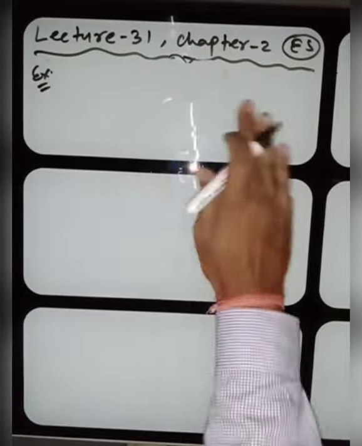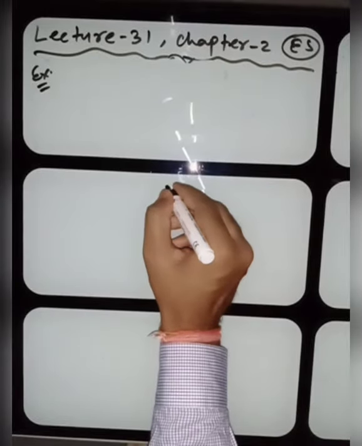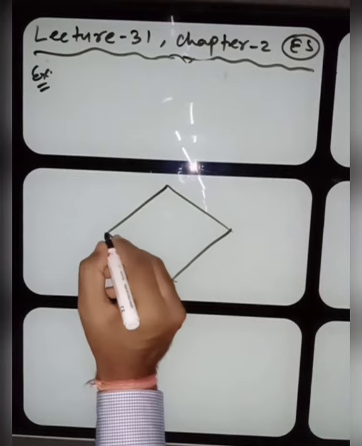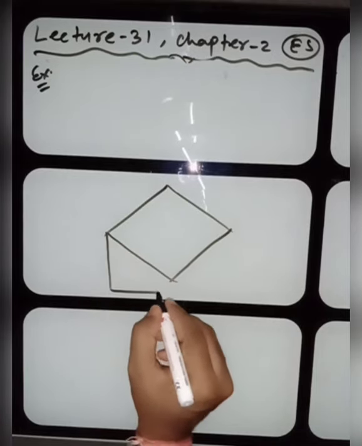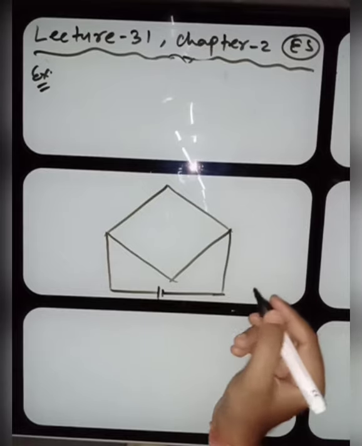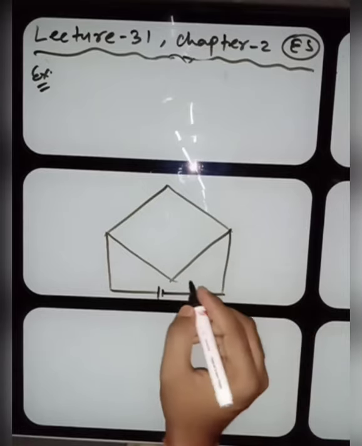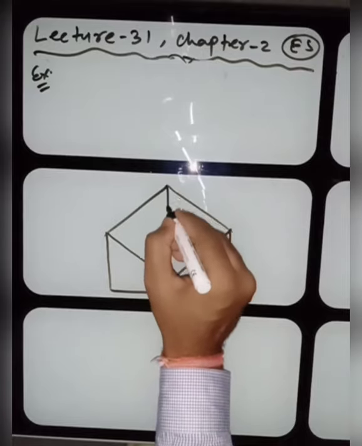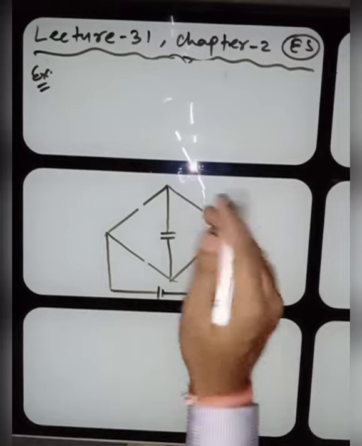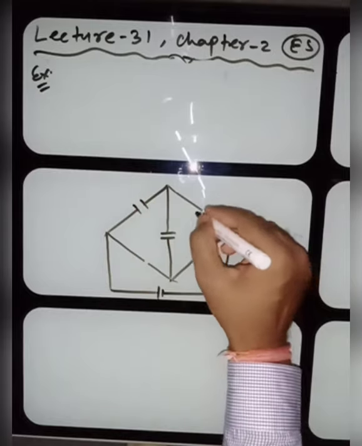Okay, let me draw the circuit a little bit clearer over here. A battery is connected over here, and this one is the bridge capacitor. These are the capacitors.